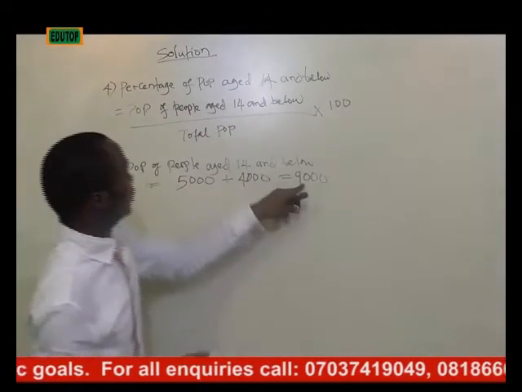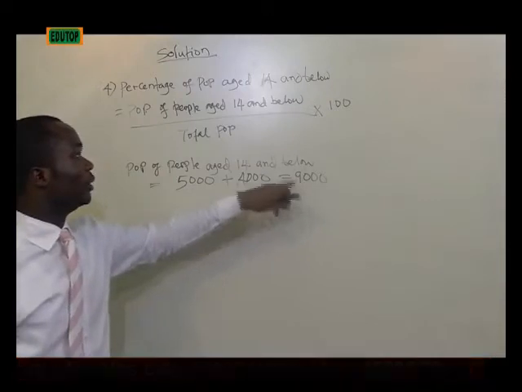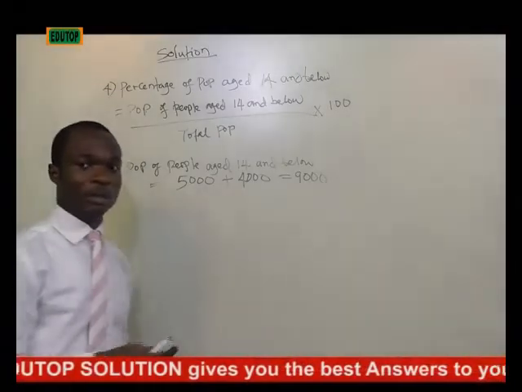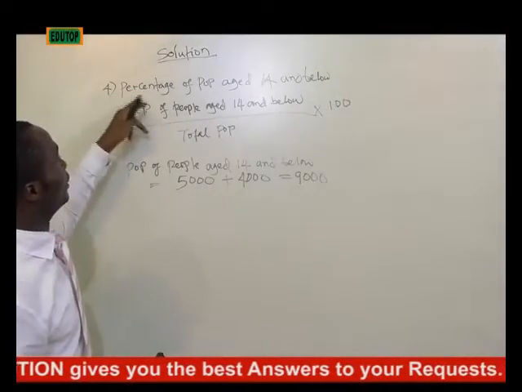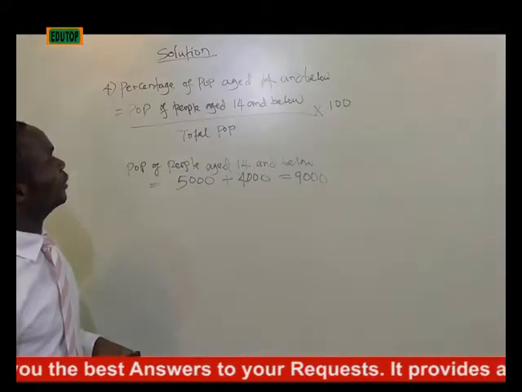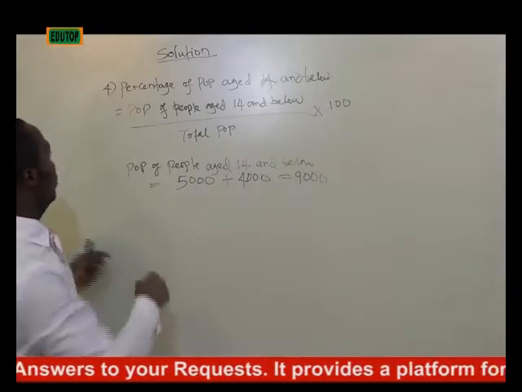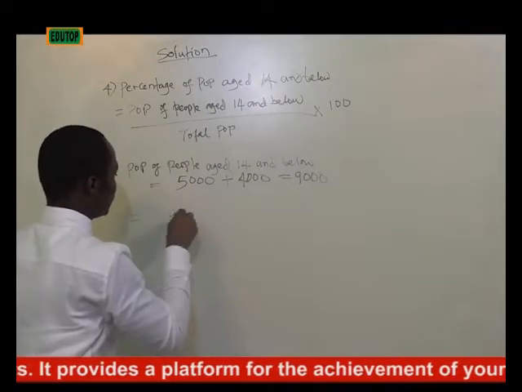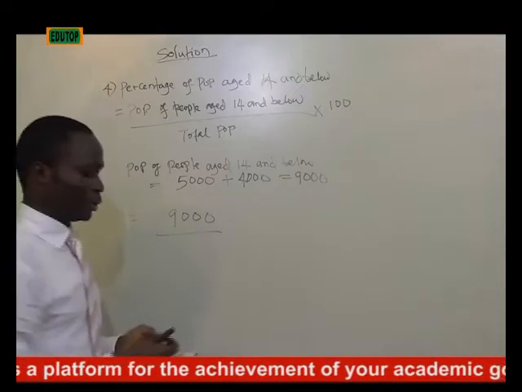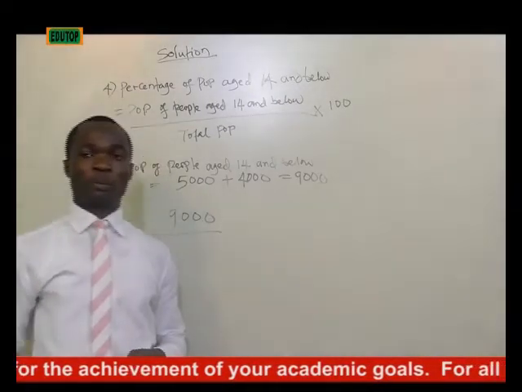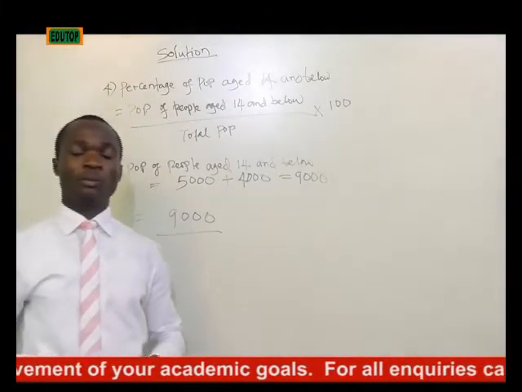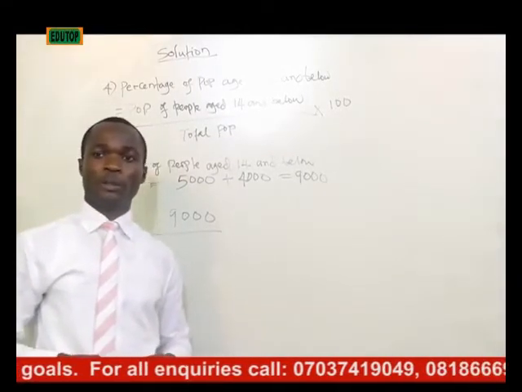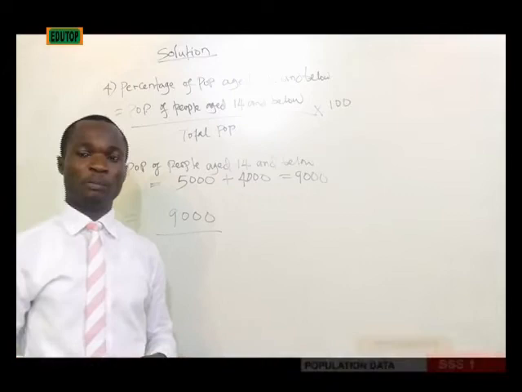Now, having known the number of people aged 14 and below, and we know the total population, according to our previous calculation, we can find the percentage of the population aged 14 and below. Now, from the formula, population aged 14 and below is 9,000 all over the total population, which we calculated to be 25,000 people.